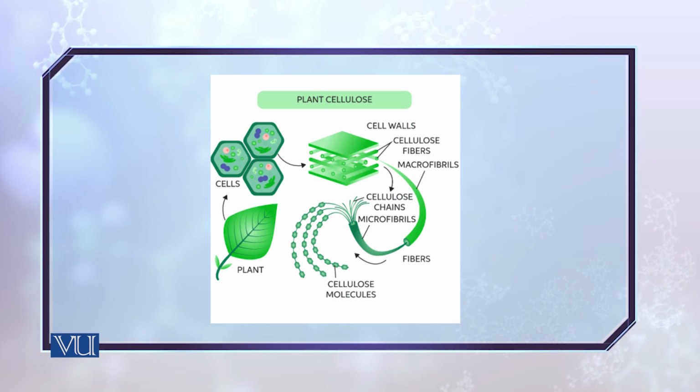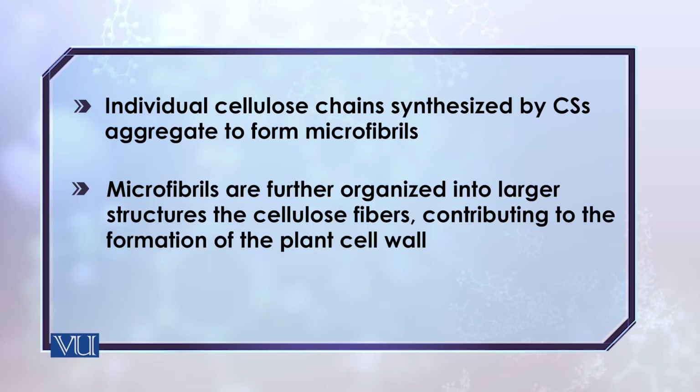If you see the cell wall, it has a very organized structure, and this organization occurs during the synthesis of the cellulose molecules. First you have the individual arrays of cellulose molecules consisting of glucose units, then these arrays are aggregated in the form of microfibrils, and these microfibrils are further rearranged to give rise to a meshwork of structures known as cellulose fibers.